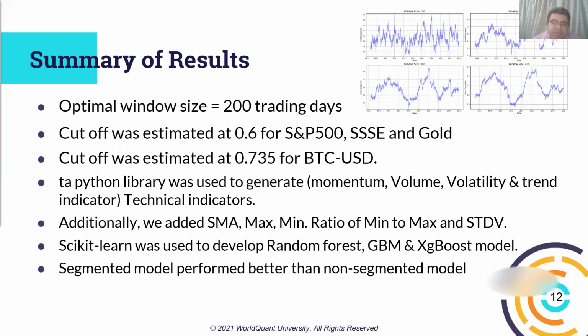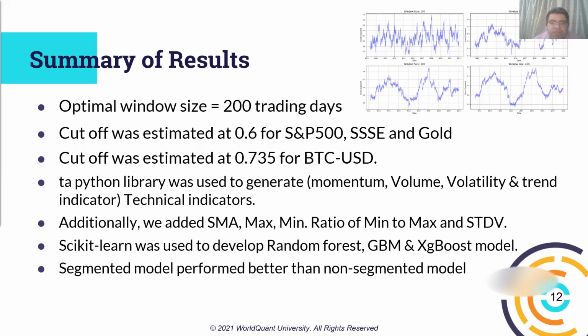For the technical indicators, we have used the TA Python library to generate momentum, volume, volatility, and trend indicators. Additionally, we have added a simple moving average, maximum, minimum, ratio of minimum to maximum, and standard deviation.